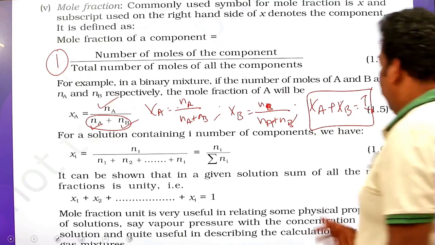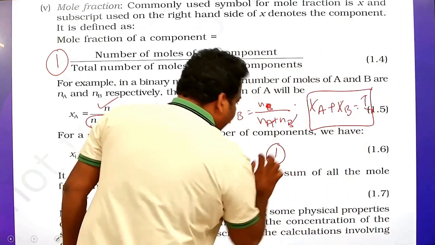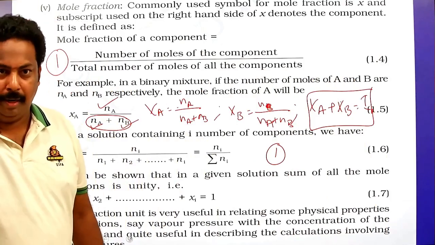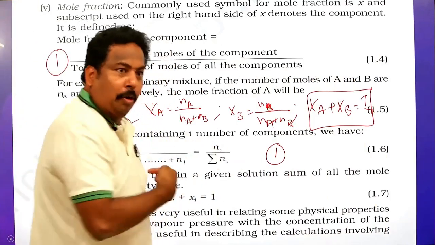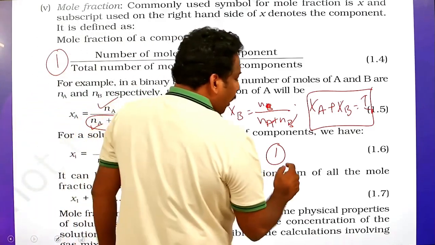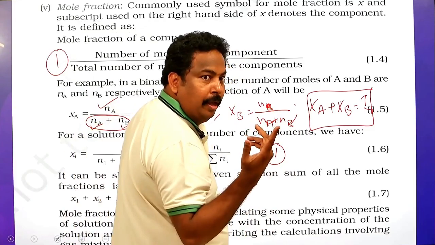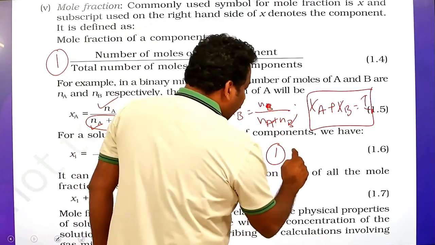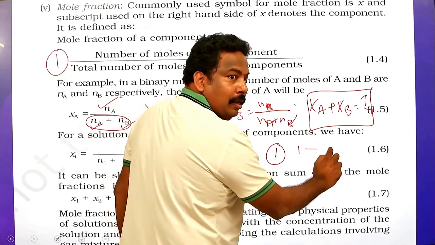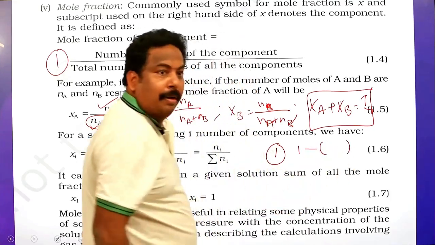Because if I take one solution component, oxygen, out of it, it will be 1 minus that oxygen part. Am I right?